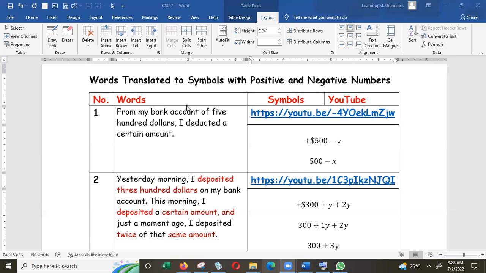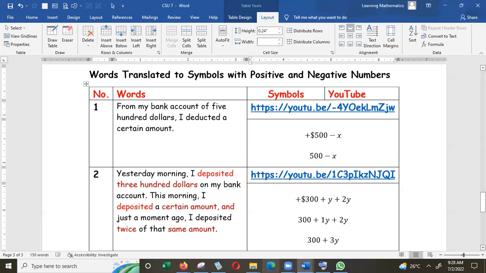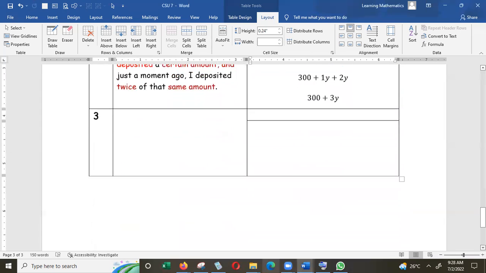Here we are going to be translating words to symbols with positive and negative numbers. Here we did 1 and 2 already. So we're going to do a third example.